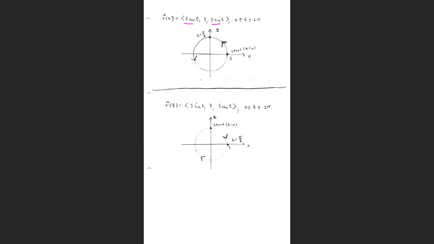Of course, it's a circle with radius 3, and it would be going in this direction. Starting at t equals 0, it would start at that point, 3, 0. And then it would go like this.